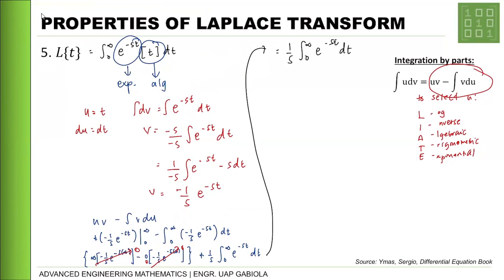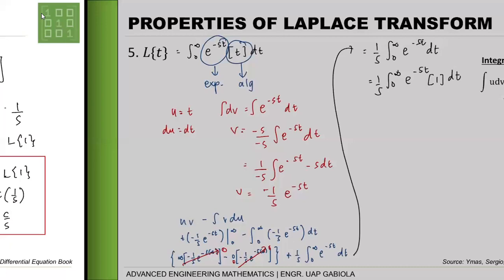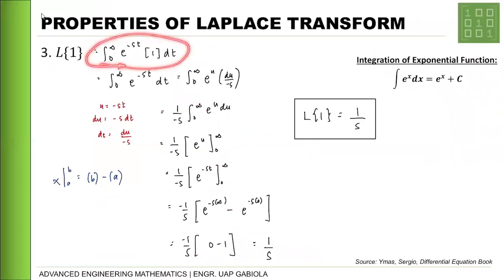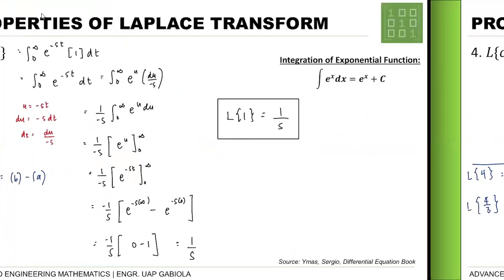Okay? And what do we notice here? This factor is the same as 1 over s, integral from 0 to infinity of e^(-st) times 1 dt, no? And we know from our previous property that the Laplace transform of 1, the integral of e^(-st) 1 dt, equals 1 over s. Okay? So, we apply that here.